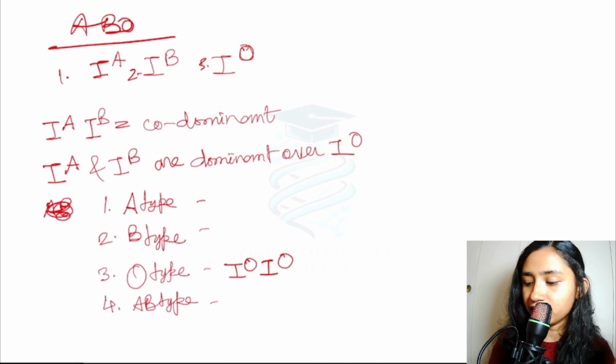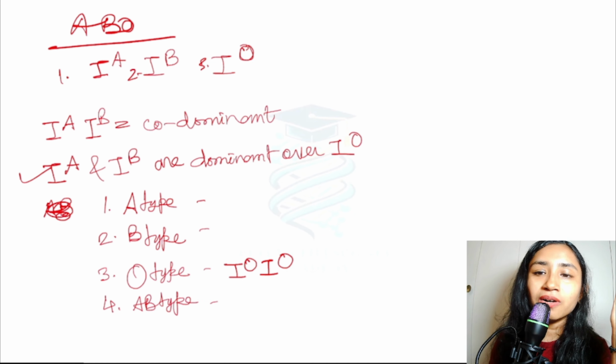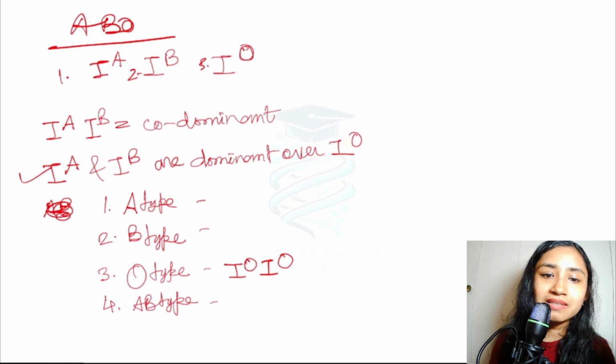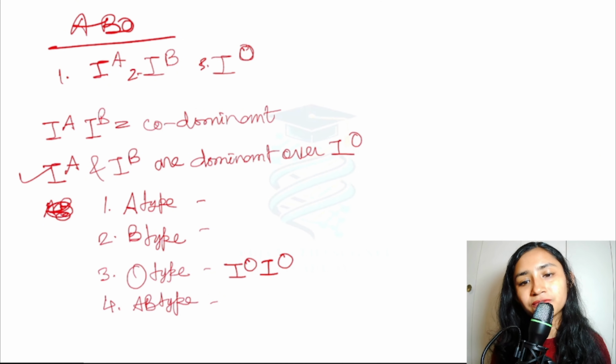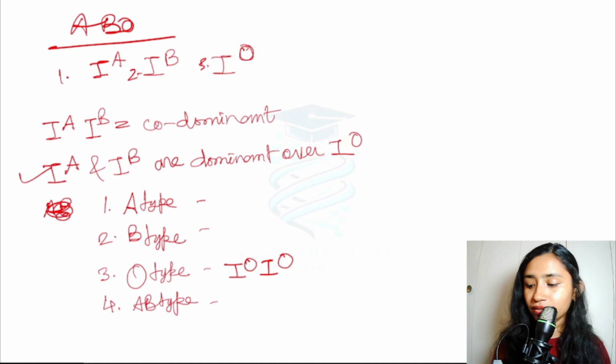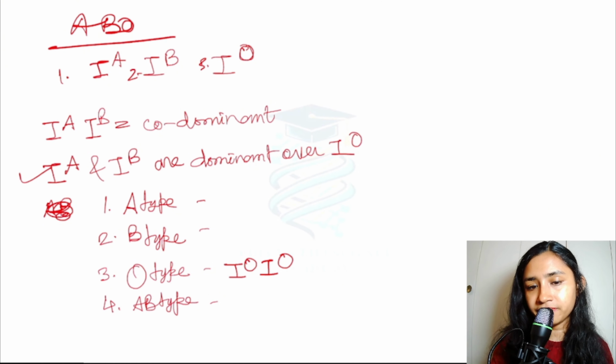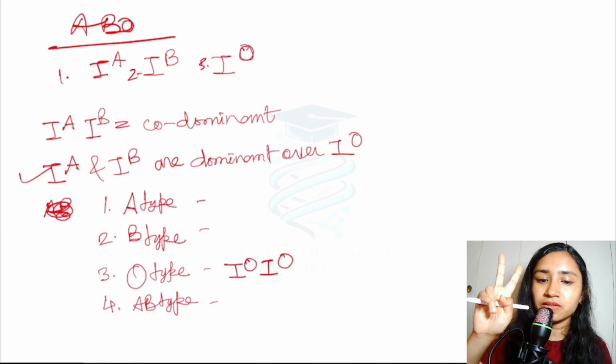You can see from here that IA and IB are dominant over IO. So you must have 2 O alleles in order to express the O blood type, because IA and IB both are dominant over IO. So in order to express IO itself, it must have 2 copies of itself.